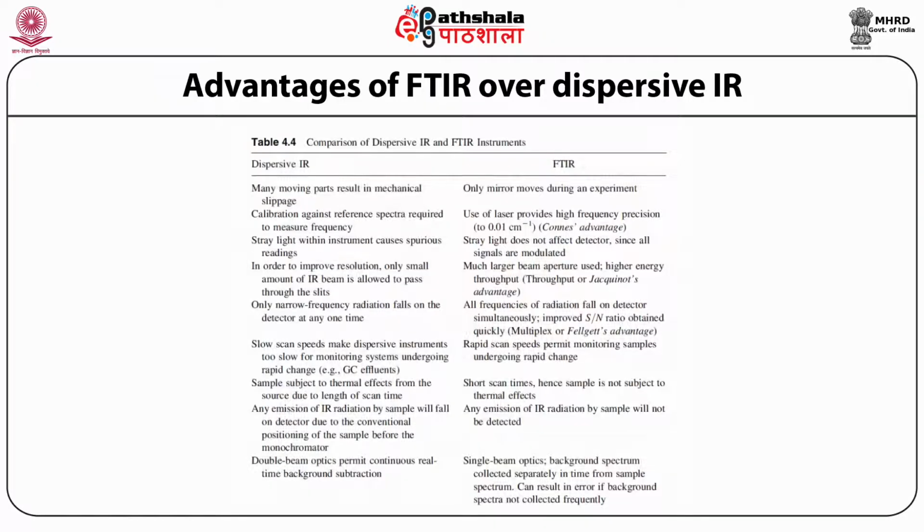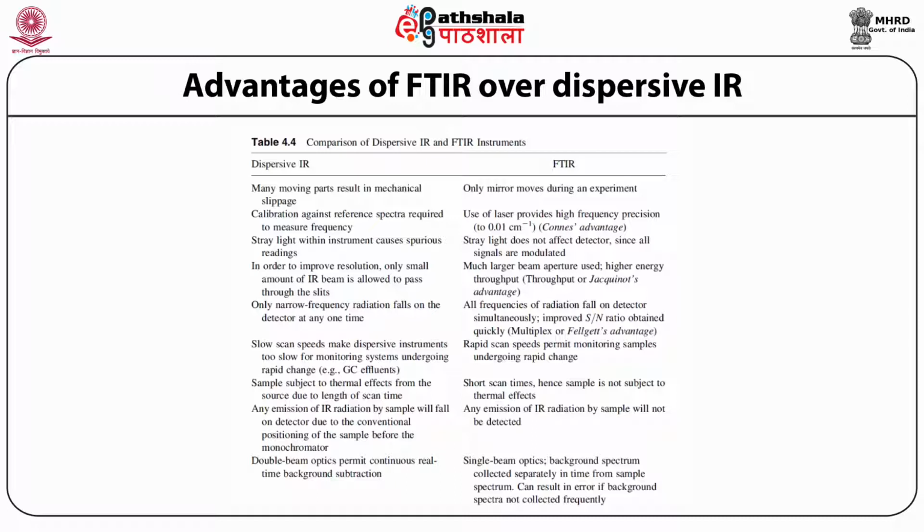We can see here the advantages of FTIR over the dispersive IR, and we compare them one by one. For the dispersive IR, many moving parts result in mechanical slippage. However, in the FTIR, only the mirror moves during the experiment. In dispersive IR, calibration against reference spectra is required to measure the frequency.